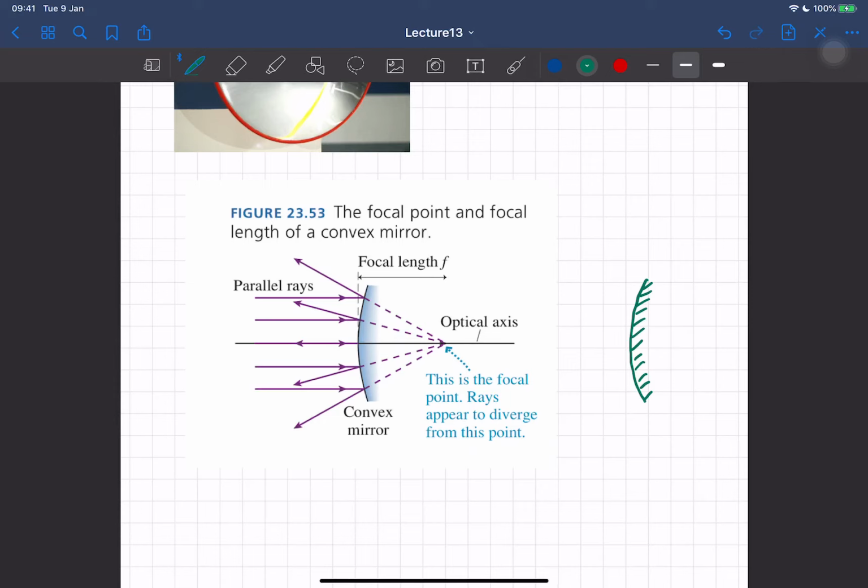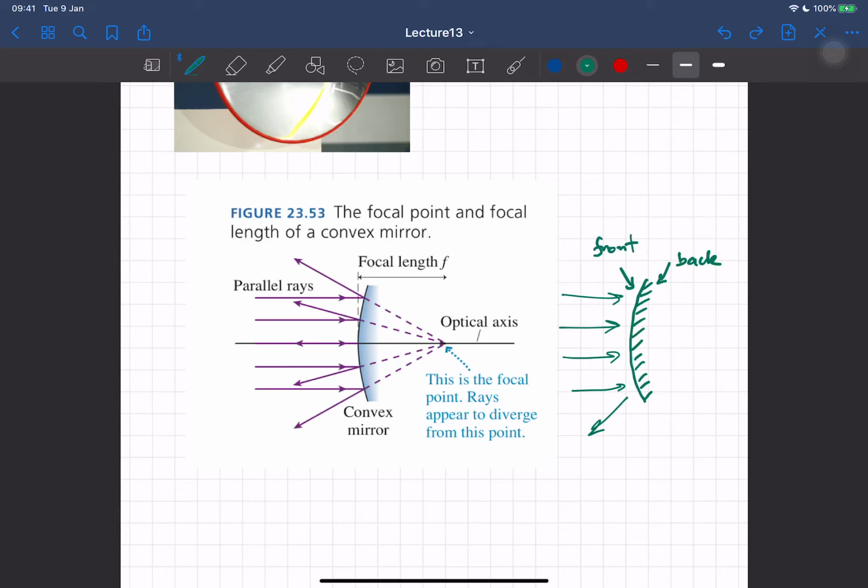Right, so this is the back of the mirror. This is the front, the shiny part, right? So a light ray is going to come from the left, similar to the diagram I had on the left hand side. And then it's going to bounce out like this. That's what's happening.